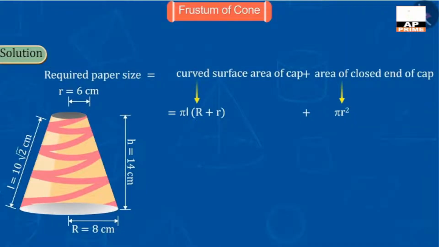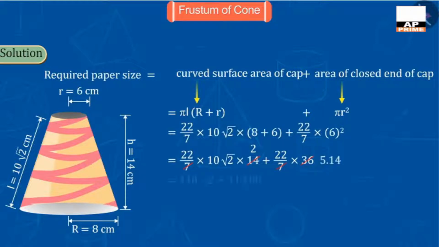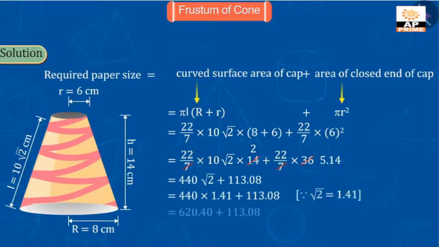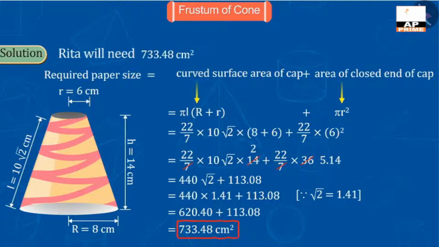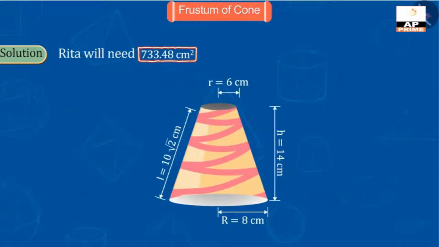Now replace all values in these formulas. On further solving, we get 733.48. So Rita would need 733.48 square centimeters of paper to make a hat.